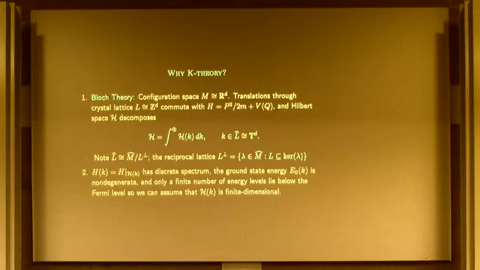The ground state energy is non-degenerate, and only a finite number of energies are going to lie below the Fermi level, which is essentially what you've got in the energy available in your sample. So you can effectively assume that that bit of the Hilbert space is finite dimensional. So it's a huge advantage.